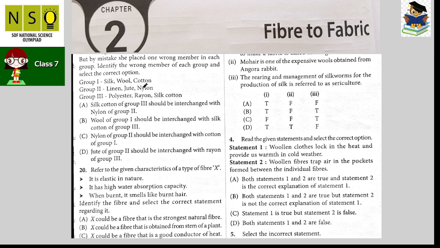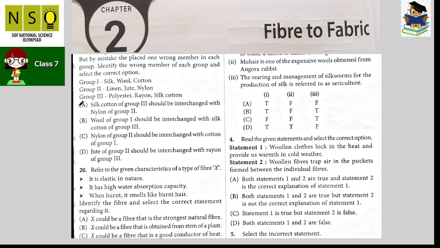We have to find the wrong member in each group and select the correct option. So what grouping has she done? Group 1: silk, wool, cotton. Group 2: linen, jute, nylon. And group 3: polyester, rayon, and silk cotton.